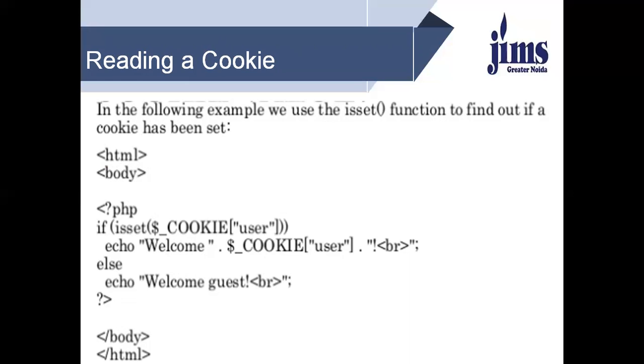For that we will see this example. We will use the isset function to find out if a cookie has been set. Here, if isset($_COOKIE['user']), you print welcome $_COOKIE['user'], else welcome guest.